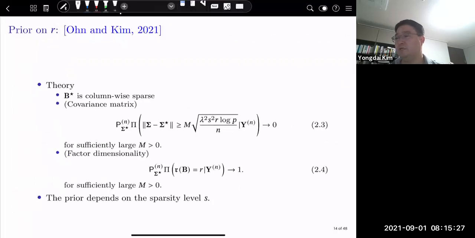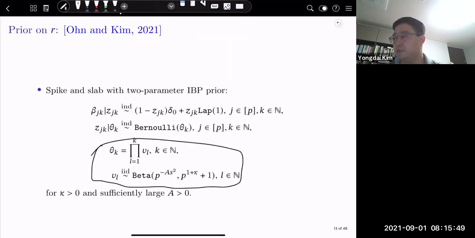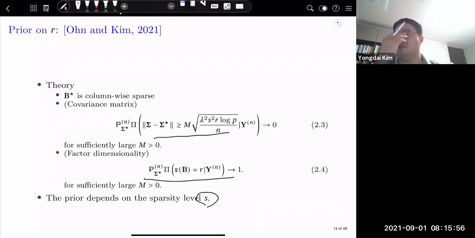And we derive the posterior contraction rate, and we can prove the posterior consistency of the factor dimensionality. So we are happy, but we still have problems. The prior depends on the sparsity level S. If you look at this beta distributed part, there is S squared, which means that this prior is not adaptive to the sparsity level.